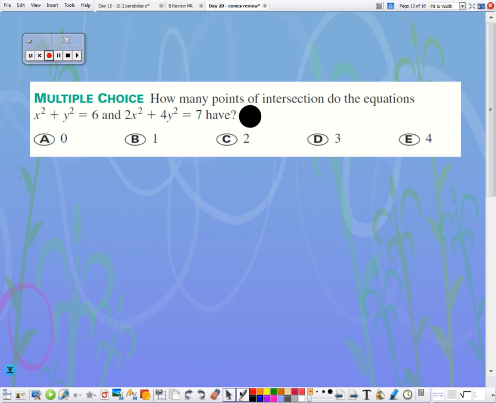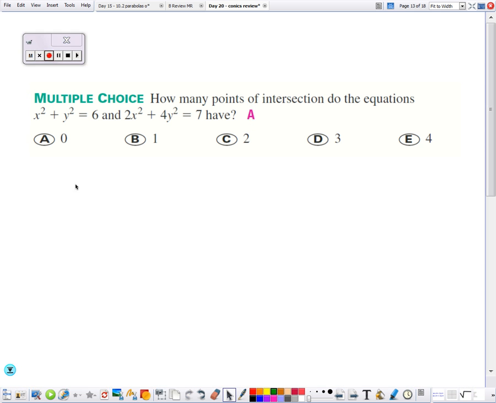How many points of intersection? Okay, we have a circle and an ellipse. So there could be a few different possibilities. In this case, the answer is none. So let's see. If x squared plus y squared, I'm going to set up this one for elimination.